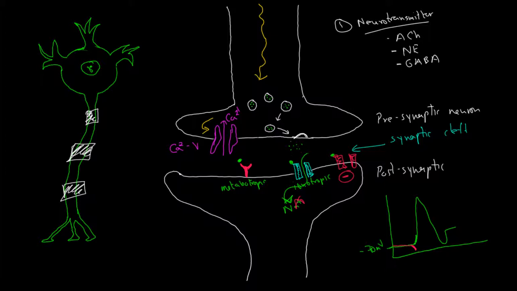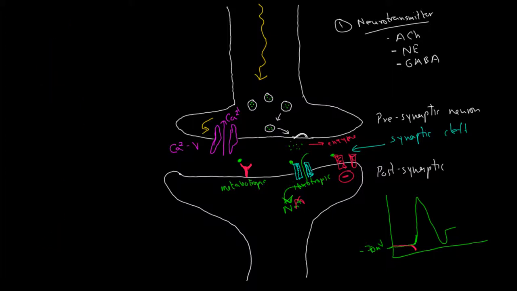Now, the last step that we have to remember is that you can't just have these neurotransmitters exist in the synaptic cleft forever. They have to be reuptaken somehow. And one of the most common ways is there's an enzyme that will help degrade this substance and take it back into the presynaptic neuron.